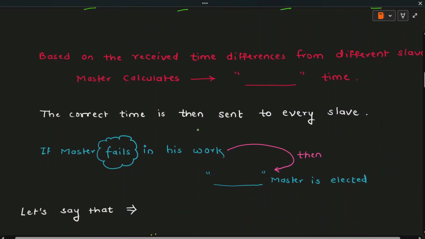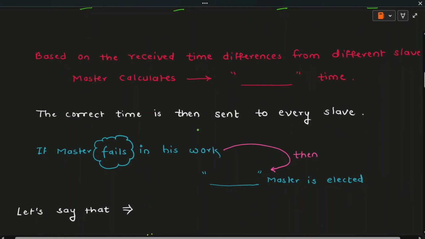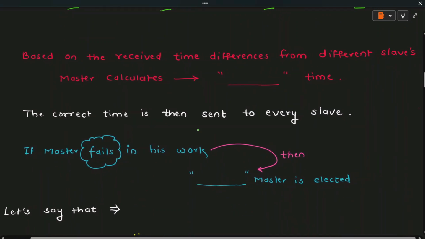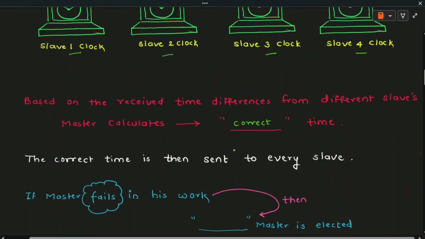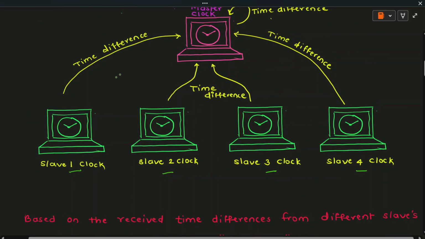Now based on the received time differences from different slaves, the master calculates the correct time. So it's the master's duty to calculate the correct time, but for calculating it the master uses the current times of the slaves.